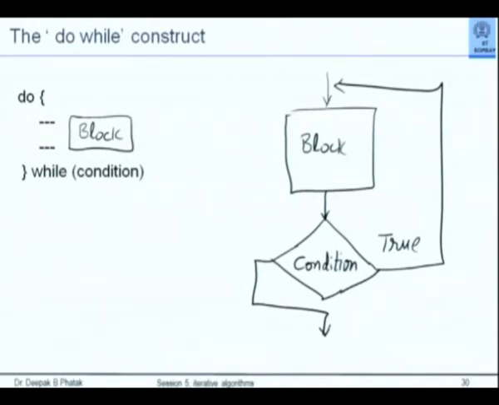In plain English, it means that if I use a do something while condition construct, then that something will be executed at least once, always. Whereas while condition something, it may not execute at all.